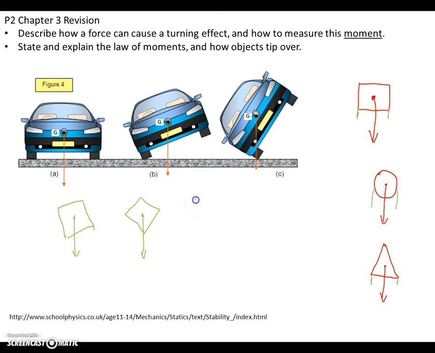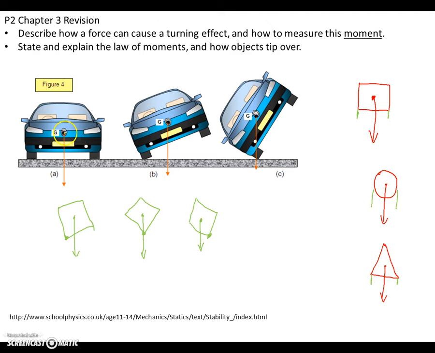If we tip it even further, our center of gravity is now acting over our tipping point. This is our tipping point, this is basically our pivot. If we let go of our square, it's now going to drop down, so this side will drop. Here it'll just about balance, but a little bit of wind will knock it one way or the other. Here, on this side, it will fall down this way and it'll fall over.